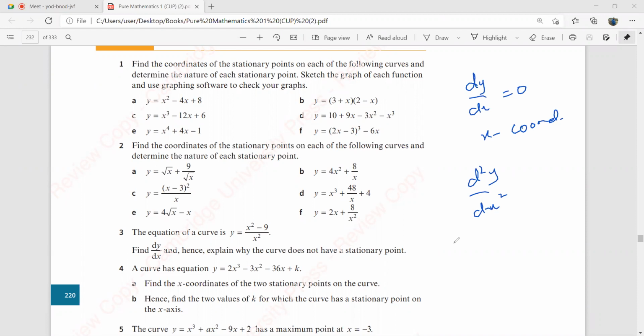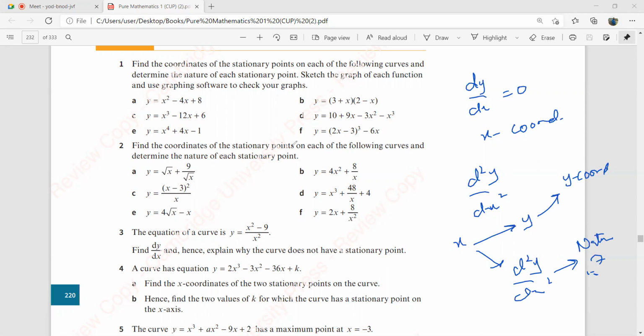You put your x into y and then x into this d2y by dx squared. Here you will be finding the corresponding y coordinate, and this would tell you the nature of that turning point. The rest is your ability, your skills in differentiation, how good you people are at differentiating these given expressions.